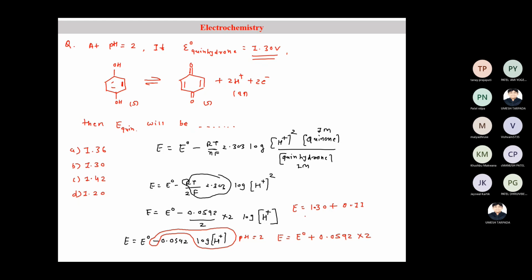It becomes 0.118 something. So your answer becomes 1.418.